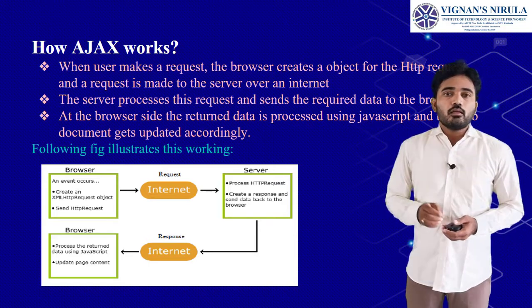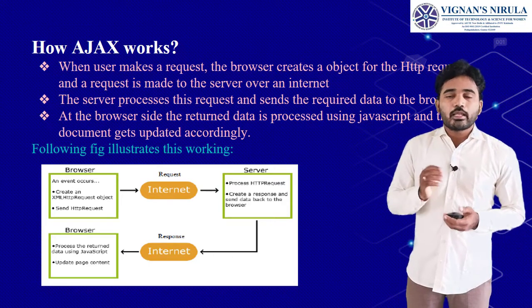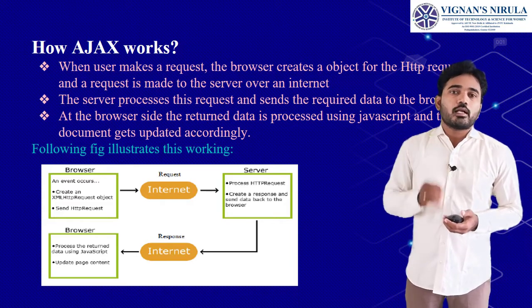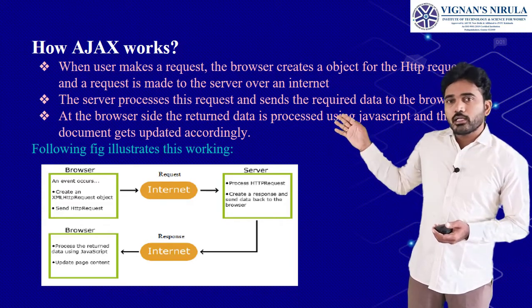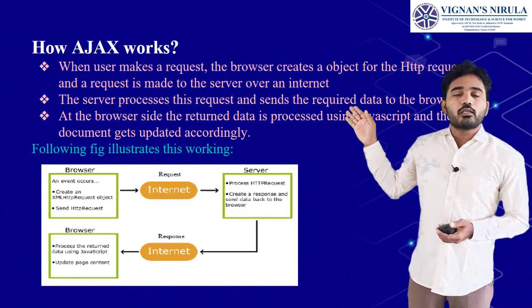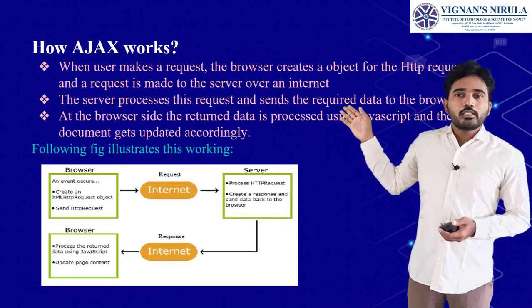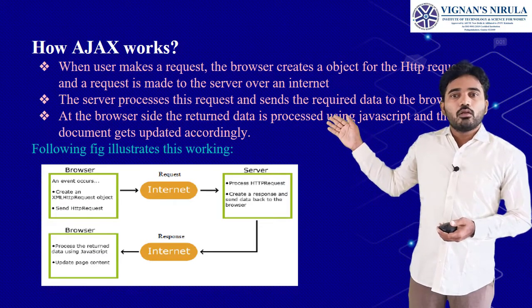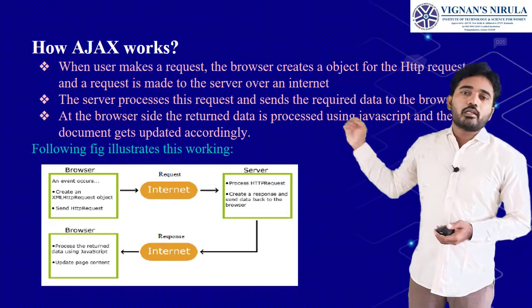See here, we have taken the browser at the client side and the server is there. At the browser side, first an event occurs. When an event occurs, it creates an XML HTTP request object, and that request is forwarded to the server over the internet.